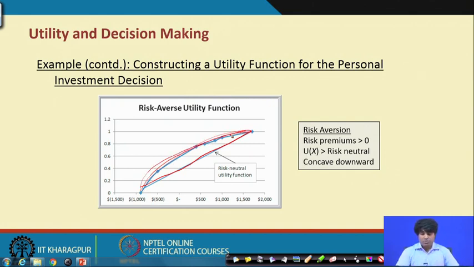That means the situation where risk premium is greater than 0, that means utility of x is greater than risk neutral, and looks like a concave function, and that means the decision is not actually in a linear shape. Technically yes, it is increasing, but the increase has a few ups and downs. So, ultimately it depends upon the situation, and that too on the business environment.